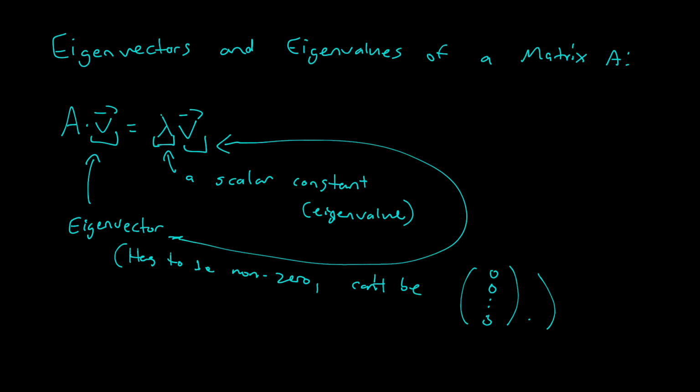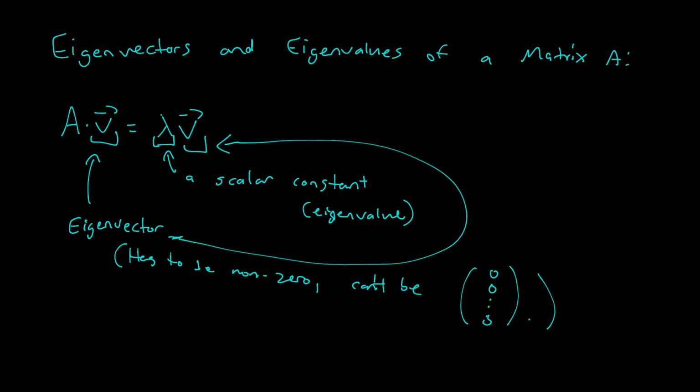eigenvectors and eigenvalues of a matrix A are defined as the set of all vectors v and the corresponding scalars lambda such that A times the vector v gives you some constant lambda times the vector v.